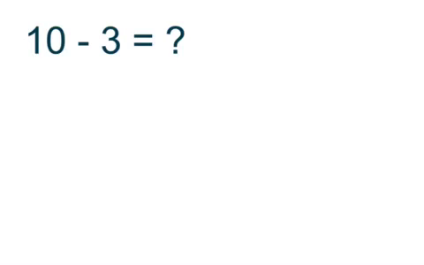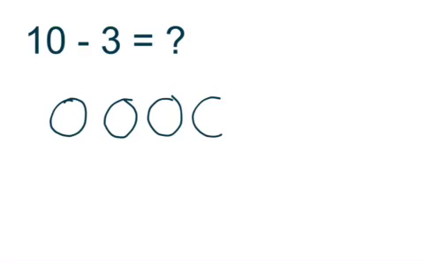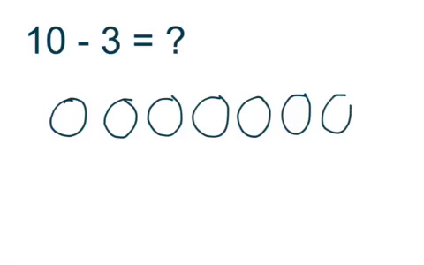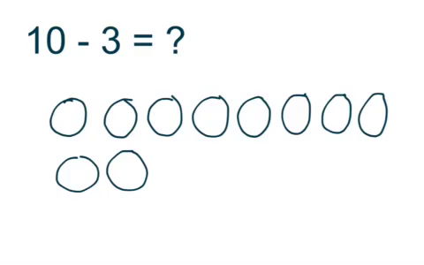Another strategy would be to draw circles to act out the problem on paper. It says 10, so I need to first draw 10 circles. 1, 2, 3, 4, 5, 6, 7, 8, 9, 10. I have 10 circles.